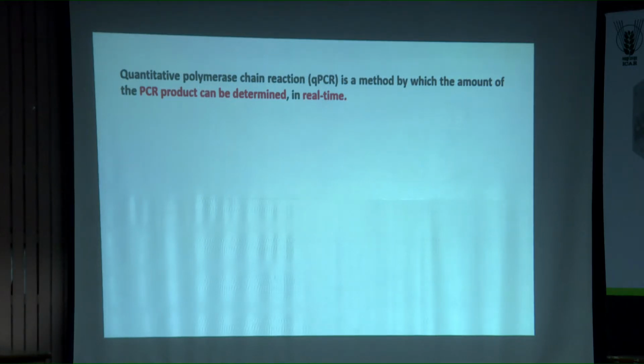In PCR, you set up the reaction in a machine and you really don't know whether something is happening or not. But in qPCR, right from the word go, you can monitor whether the reaction is happening or not. So that is a major advantage of this particular technique.